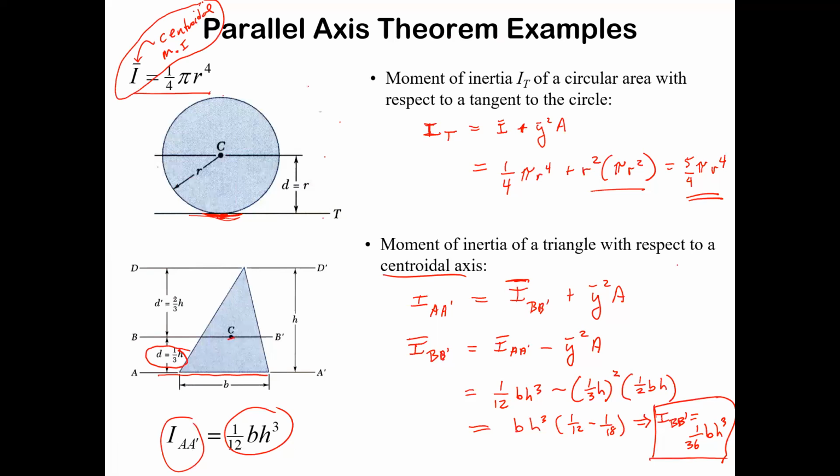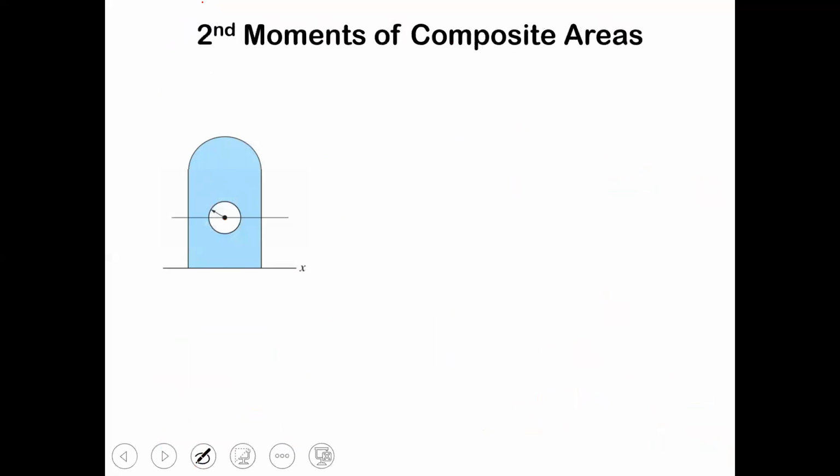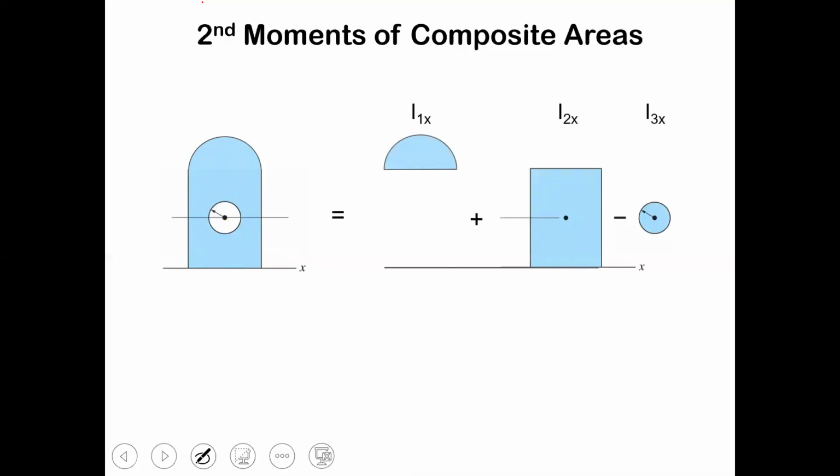So we've got to get up and do these things. You'll see why and how you use this when we do this example. When you take a composite body, which is what we're trying to do, you've got a strange body which can be broken up into a semicircle plus a rectangle minus a hole, right?